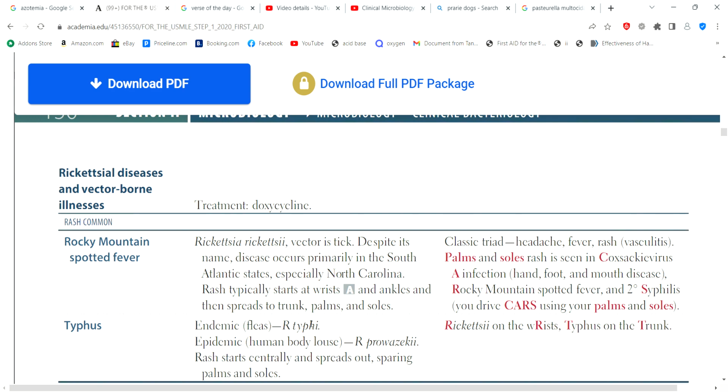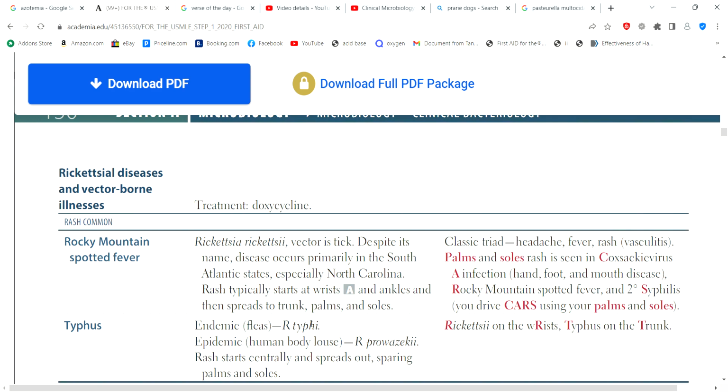Rocky Mountain spotted fever is caused by Rickettsia rickettsii. This tick is found in North Carolina.